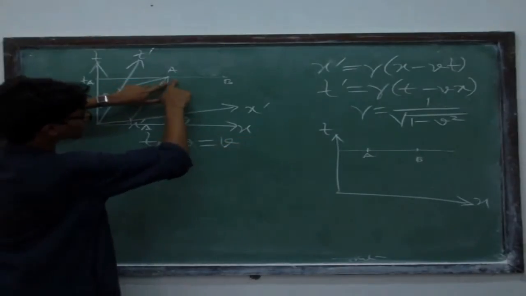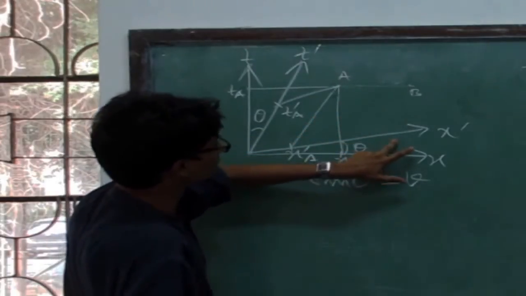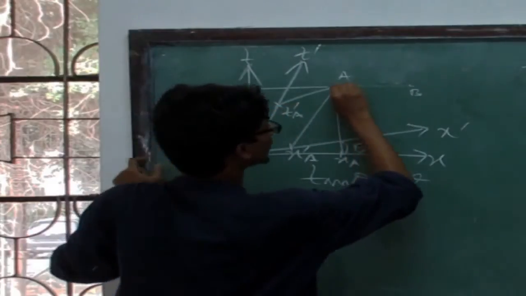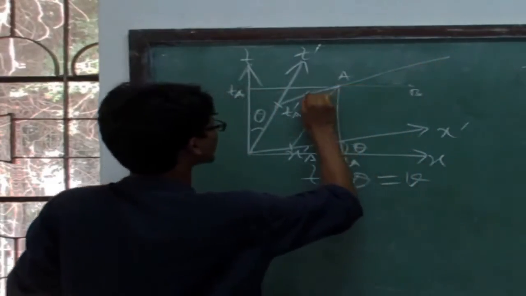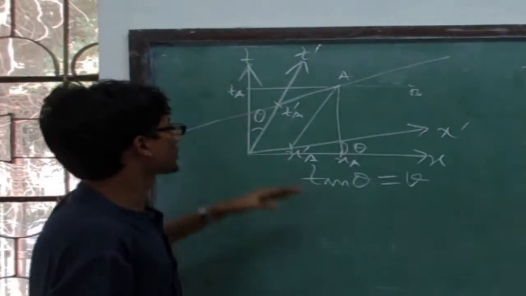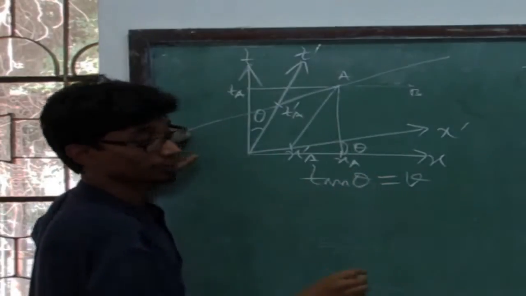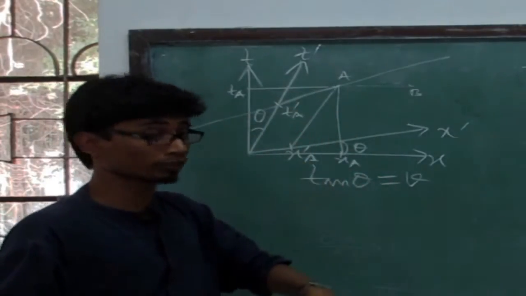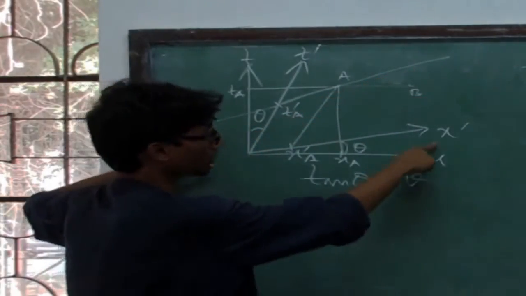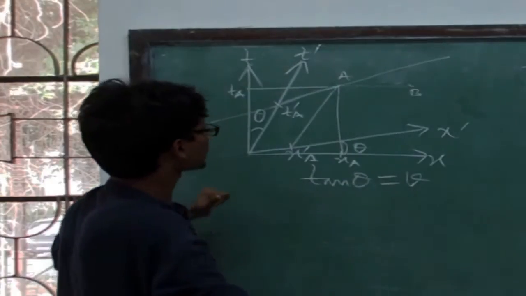But to make these events simultaneous in my prime set of coordinates, I'm going to have B not here, but somewhere on this line. I hope that's clear. All the points on this line will have the same time coordinate in the prime frame of reference as A, because this line is parallel to the x prime coordinate.